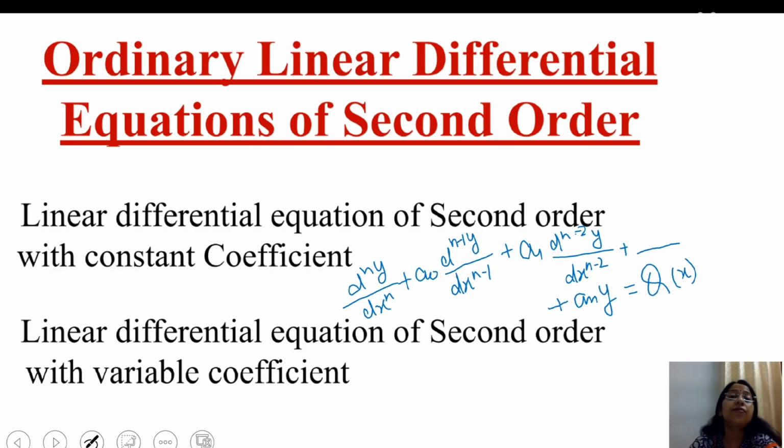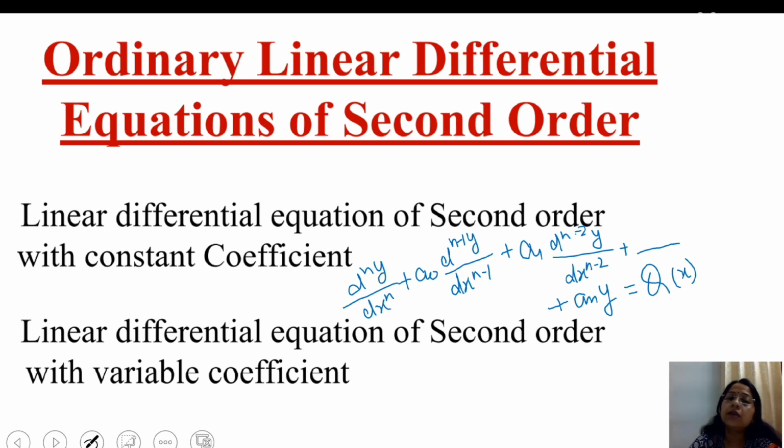So this is the general form of an ordinary linear differential equation with constant coefficients a naught, a1, a2, a3, an.